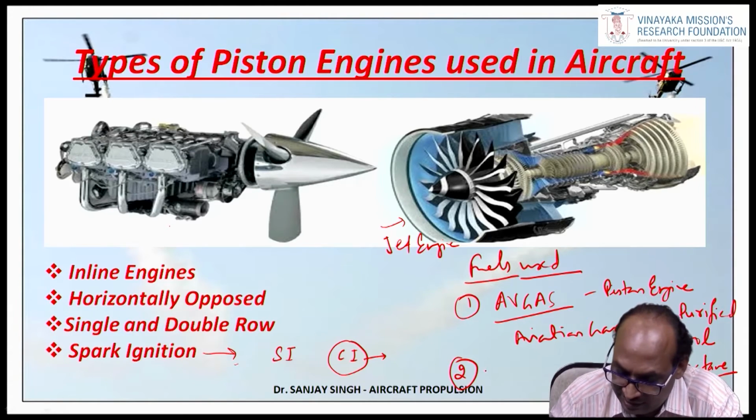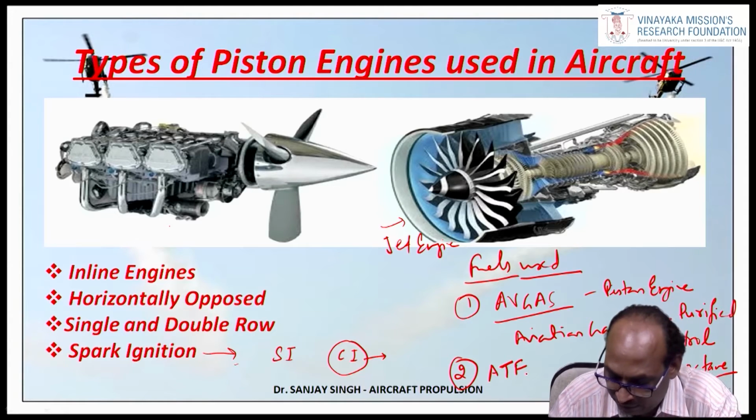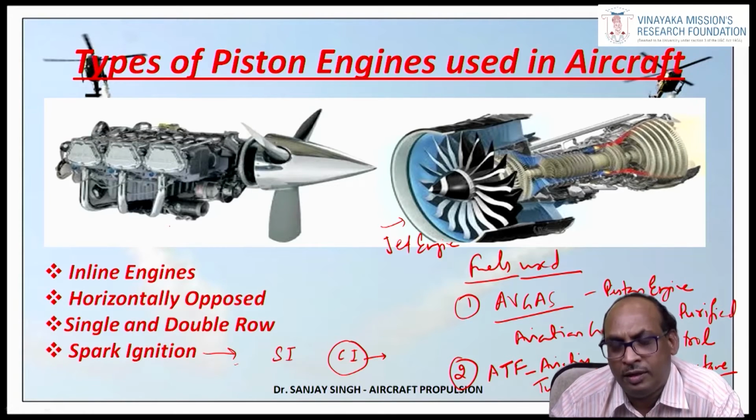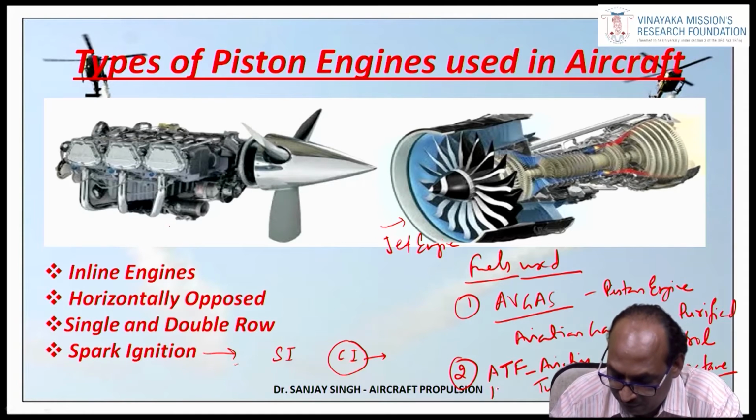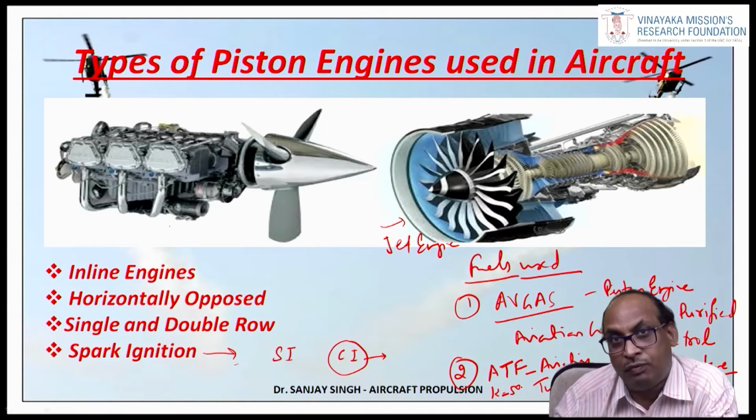So in this jet engine, it is used as ATF. ATF means aviation turbine fuel. So this ATF is generally K50, K50 means K minus 50.